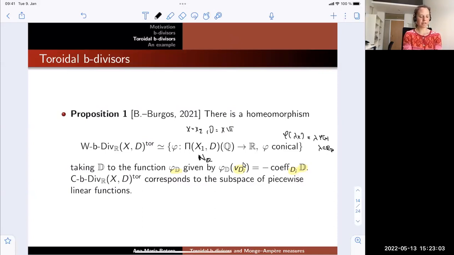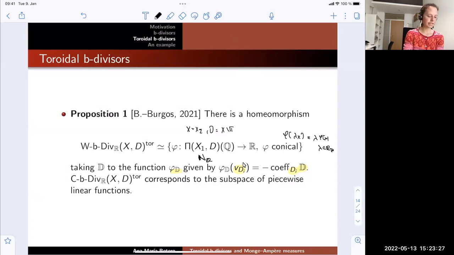You don't impose any continuity or anything. These are all functions which only satisfy this. So here you don't have any kind of control of these functions. So in order to do some intersection theory, we need this nef assumption. So we'll come to a characterization of nef b-divisors.